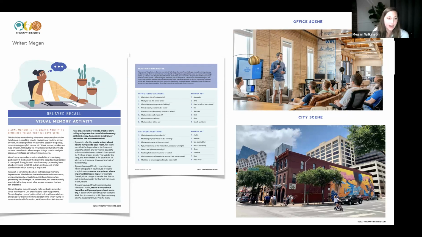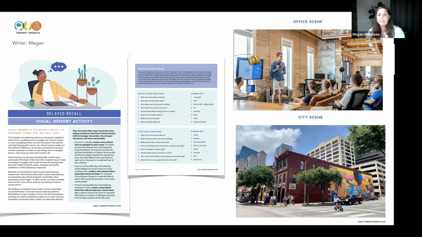And then it talks about how storytelling is a really great way to help our brain remember visual information. So it's giving treatment strategies to our therapists, and then diving into the actual treatment material.